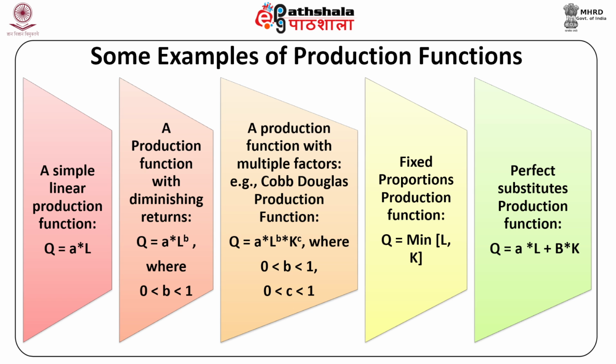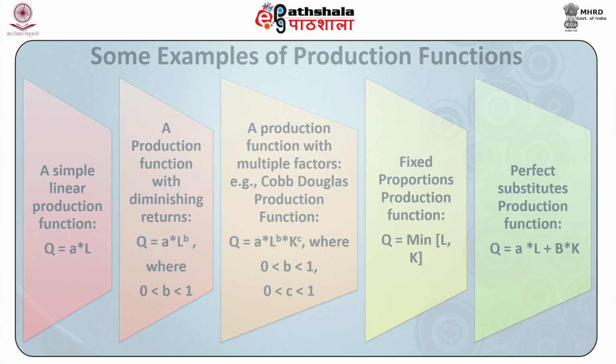C, a production function with multiple factors, for example, the Cobb-Douglas production function Q is equal to A star L^B star K^C, where 0 is less than B less than 1, 0 is less than C less than 1. D, fixed proportion production function Q is the minimum of L and K. E, perfect substitutes production function Q is equal to A star L plus B star K.